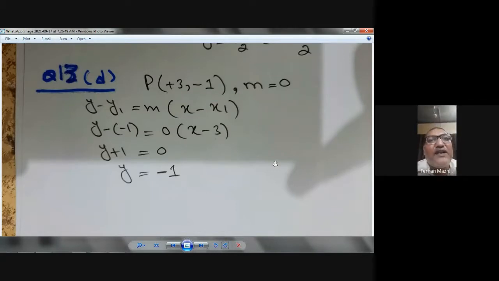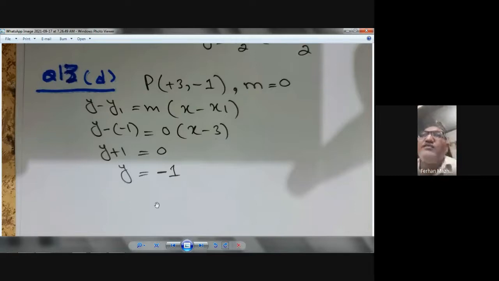Substitute the values of y1, x1 and m. y1 is minus 1, m is 0, and x1 is 3. So when you put it, y plus 1 equals 0 multiplied with that bracket, which makes everything 0. So you will have y plus 1 equals 0. So this plus 1 will go to the other side and you will have y equals minus 1.